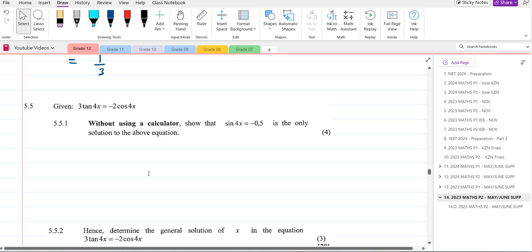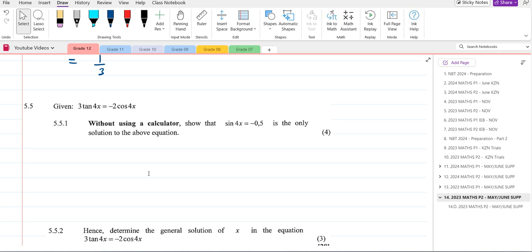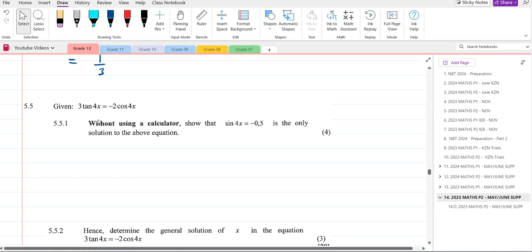The next problem says, given 3 tan 4x equals negative 2 cos 4x, without using a calculator, show that sin 4x equals negative 0.5 is the only solution to the above equation.